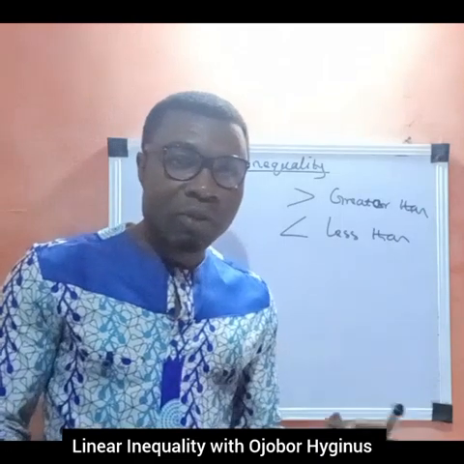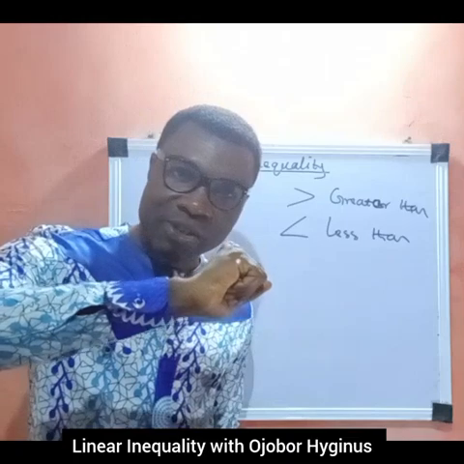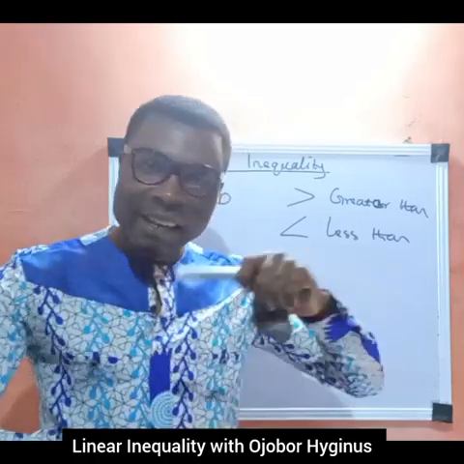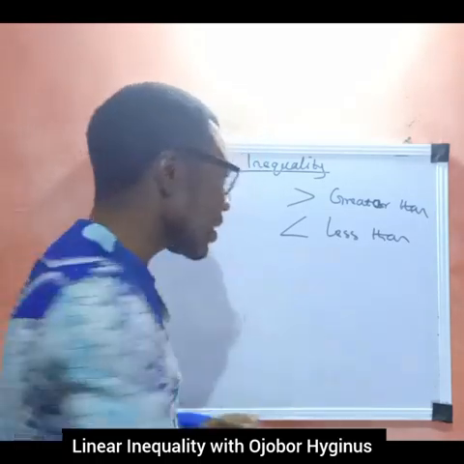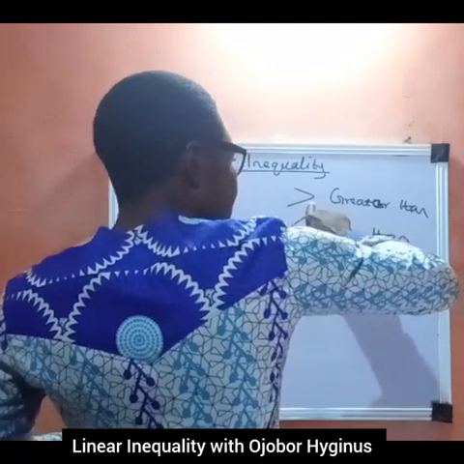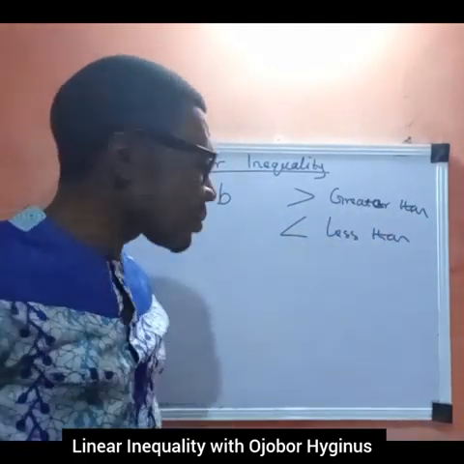Conventionally, the majority of us, except you are left-handed, work most with the right hand, and because of that, the right hand is stronger than the left hand. So the right hand stands for greater than, the left stands for less than. You can see it if I place my right hand like this. You will see greater than, and then this other one, less than. Very simple to remember.